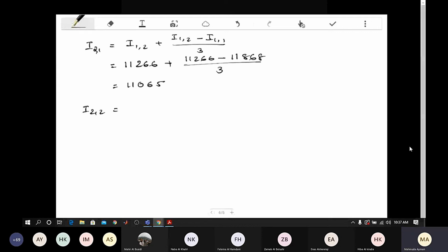Write me the equation for I2,2. Do you need the table?